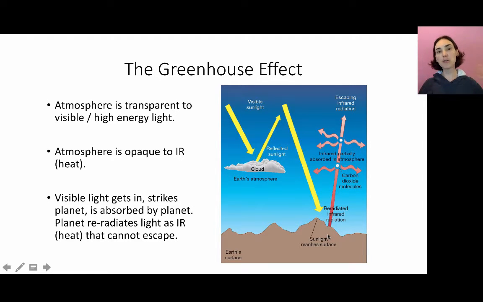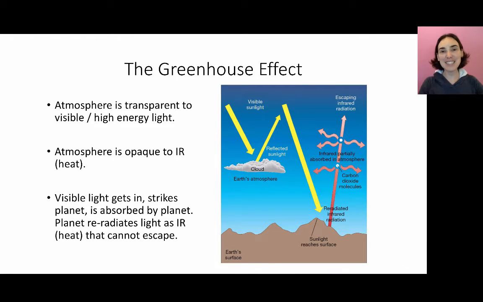And then it gets absorbed by stuff on Earth, heats that stuff up, and the stuff re-radiates that energy as infrared radiation. But the infrared radiation is blocked. It can't all make it out into space, and the atmosphere causes it to be trapped near the Earth like a warm blanket. That blanket's getting a little too warm on Earth, and we're all very worried about that.